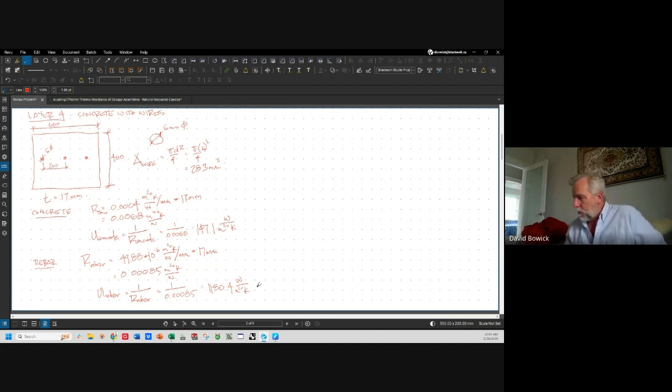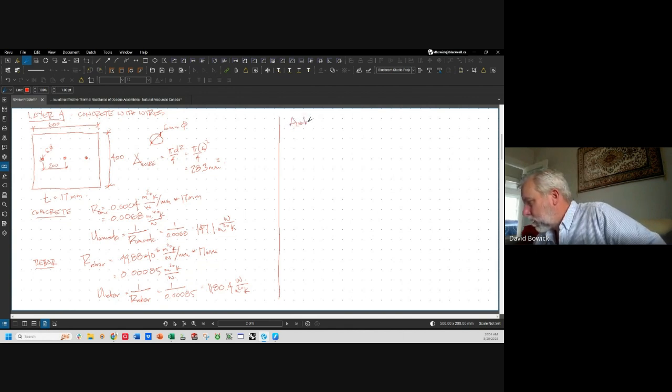Now we need to know the area of rebar over the area total. It is 3 times 28.3, so the cross-sectional area of our bar is 28.3, divided by 400 times 600.